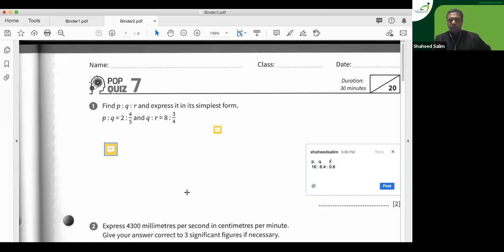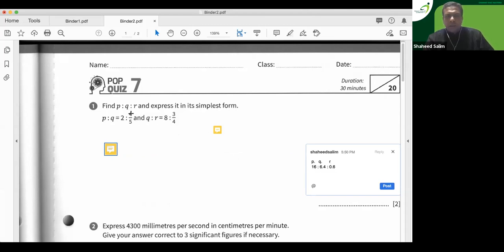So let us see. P is to Q is 2 is to 4/5, and Q is to R is 8. So how do you get 6.4? Okay, you times by 8, you get 16. 2 times 8, correct.